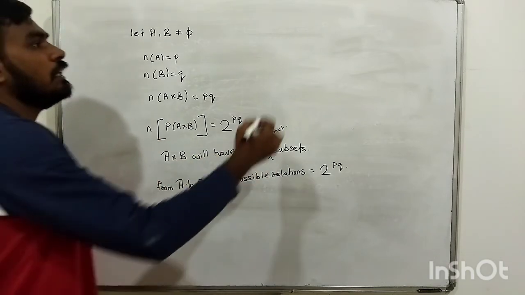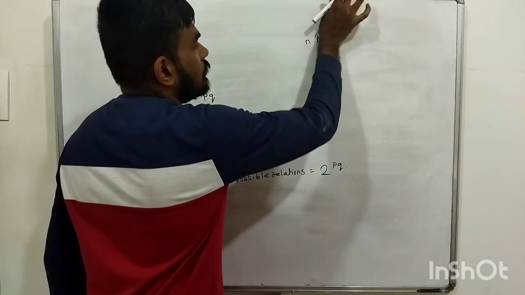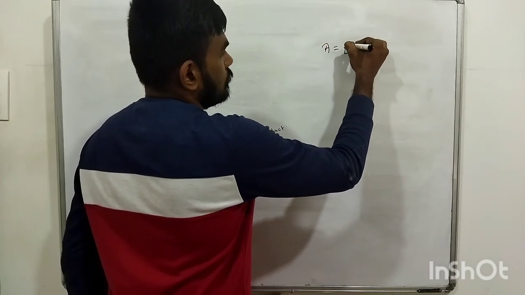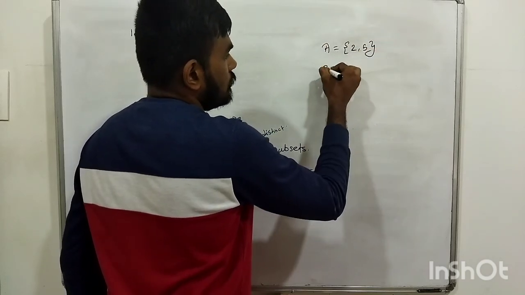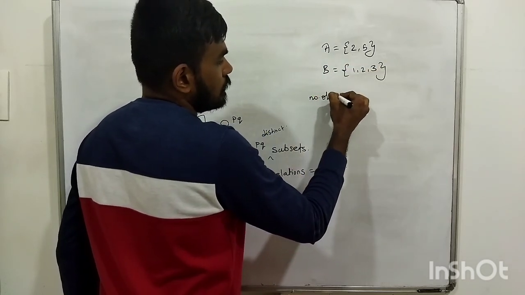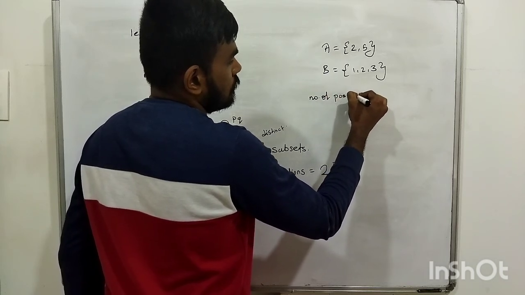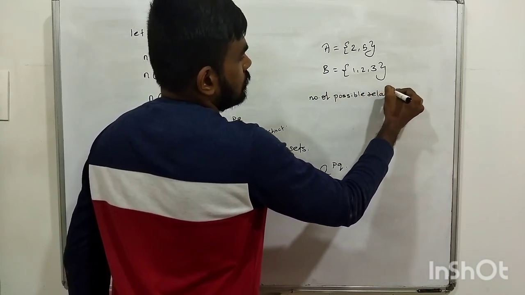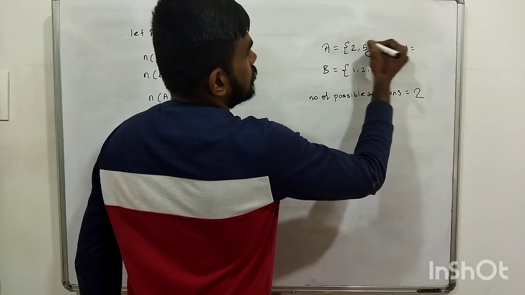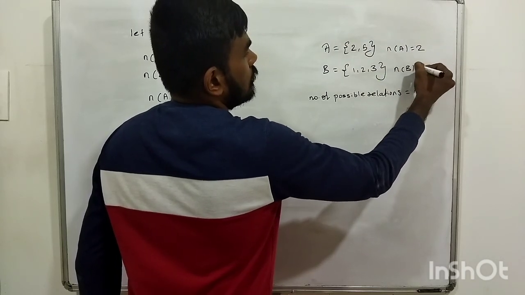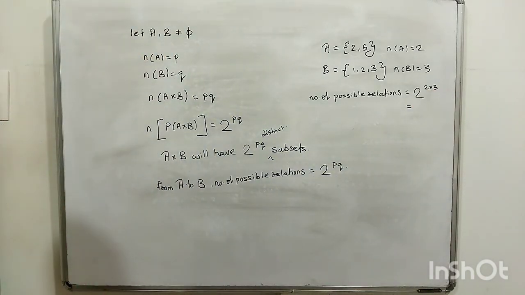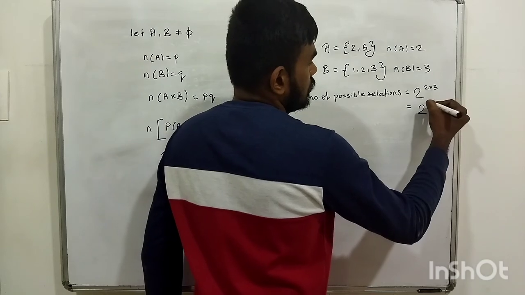So from A to B, the total number of relations will be 2 raised to PQ. For example, I'll write in the form of sets: A is equal to {2, 5}, B is equal to {1, 2, 3}. The number of distinct relations will be 2 raised to n of A into n of B. Here n of A is 2 and n of B is 3, so this will be 2 raised to 2 into 3, which is 2 raised to 6.